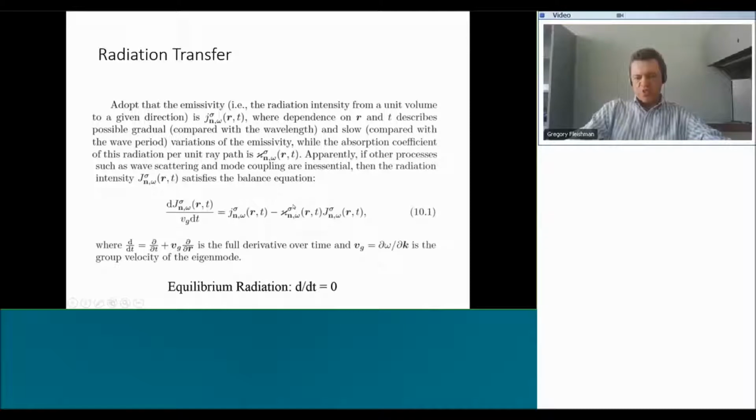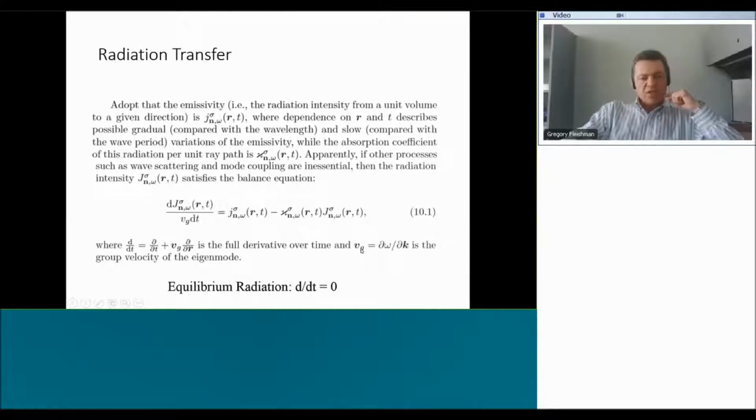The stronger the absorption coefficient, the bigger the portion of available emission that can be absorbed. This is why this term is proportional to the intensity itself: the stronger the intensity, the stronger the absolute value of absorbed emission. So this term is proportional to both the absorption coefficient, which is the fraction of emission that can be absorbed, and the intensity itself. Any questions so far? No.